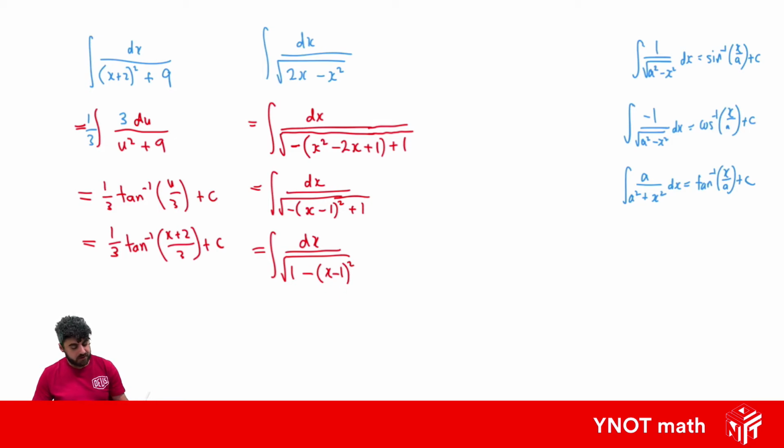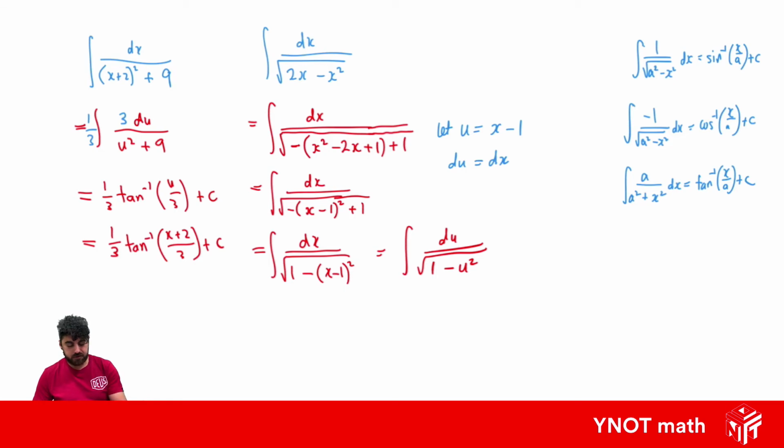Just to make things easier, we'll make a substitution. We'll let u equal x minus 1, which means du equals dx. Making that substitution, we have the integral of du over the square root of 1 minus u squared.